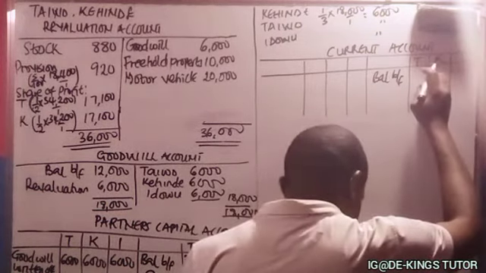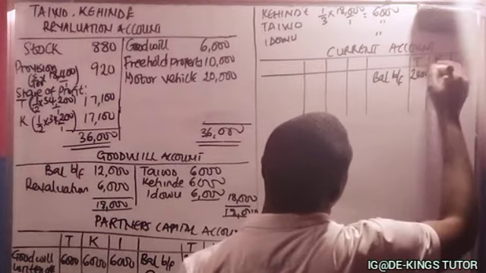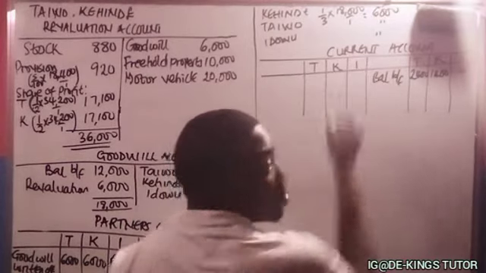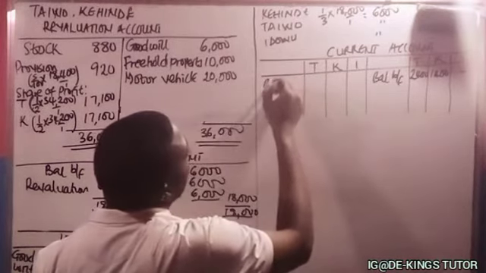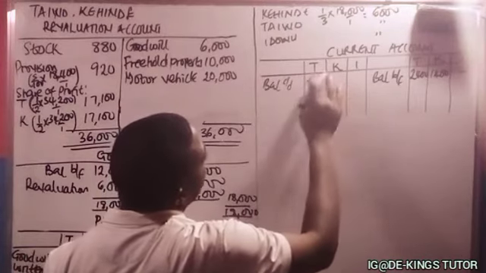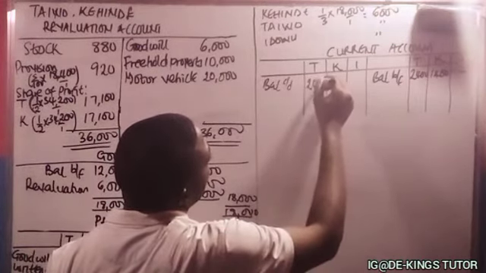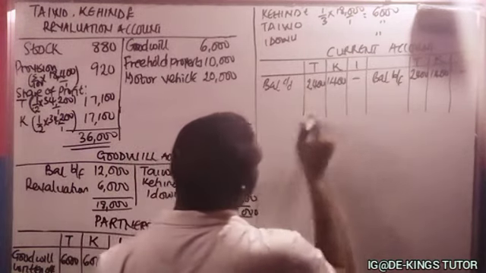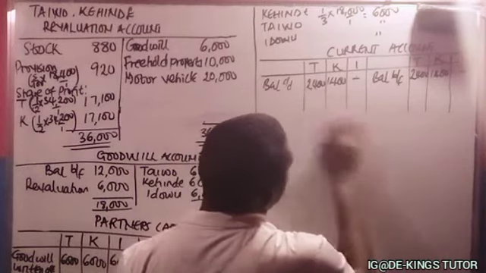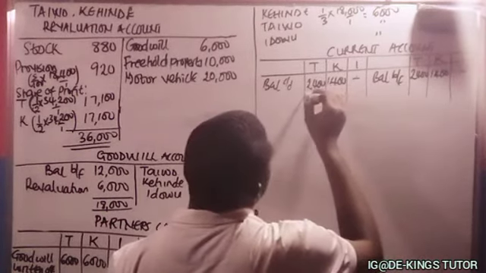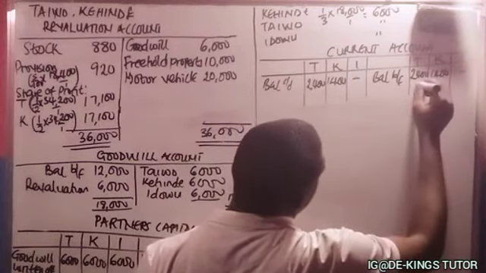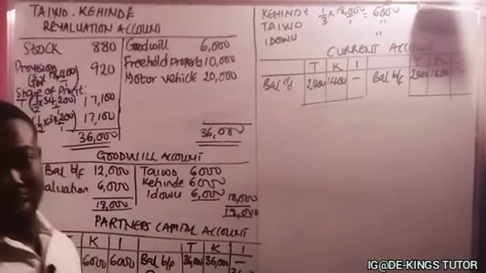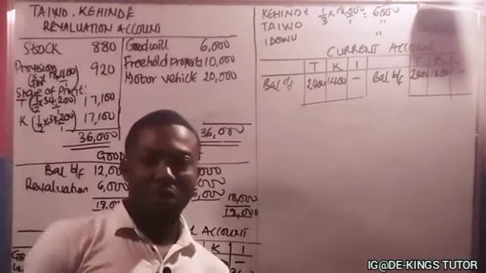For Taiwo, from the question, it is 2,400. For Kehinde, it is 1,400, and Idowu had nothing. So for the balance carried down, for Taiwo, it is 2,400. For Kehinde, it is 1,400, and Idowu had nothing. So we can close this account here. So that's for the current account. So these are the accounts they're asking us to prepare.